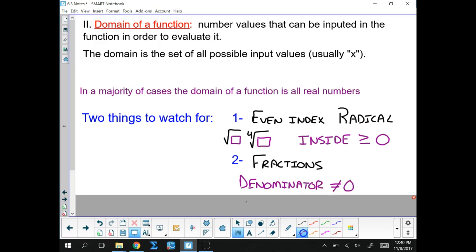So the second thing we've got to watch out for is fractions, because our denominator downstairs, the bottom part of our fraction, has to be something other than 0, because we can't divide by 0.